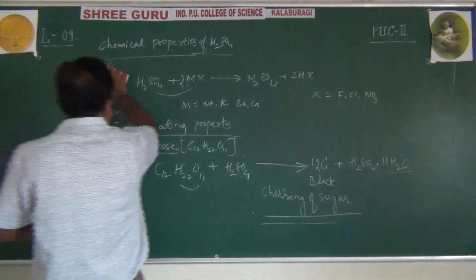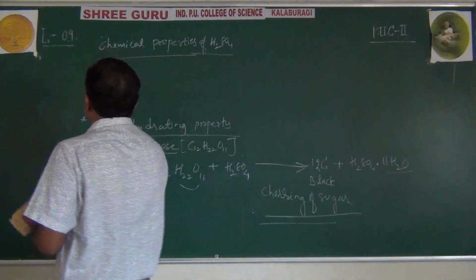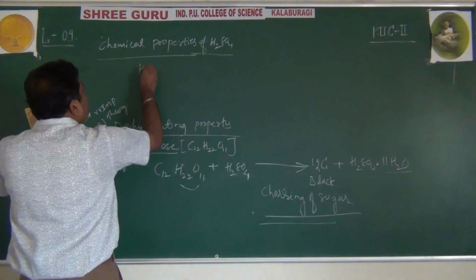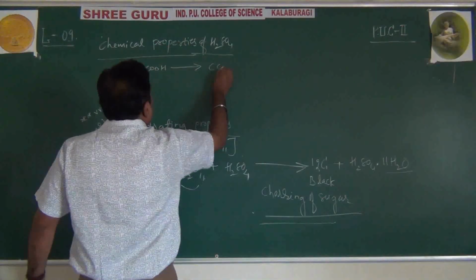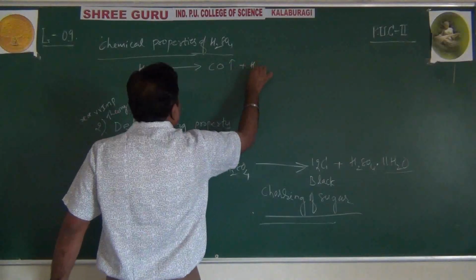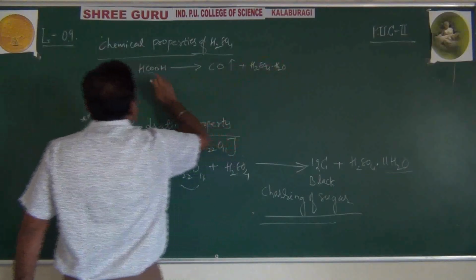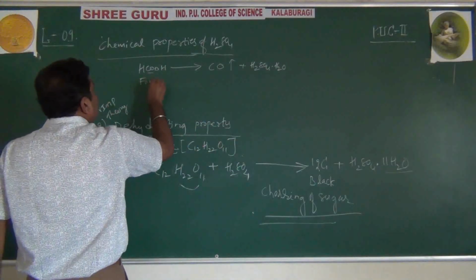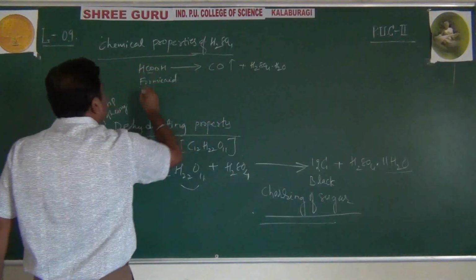It dehydrates not only sugar, even oxalic acid and formic acid. Formic acid is dehydrated to liberate carbon monoxide, and water of hydration forms H2SO4·H2O.